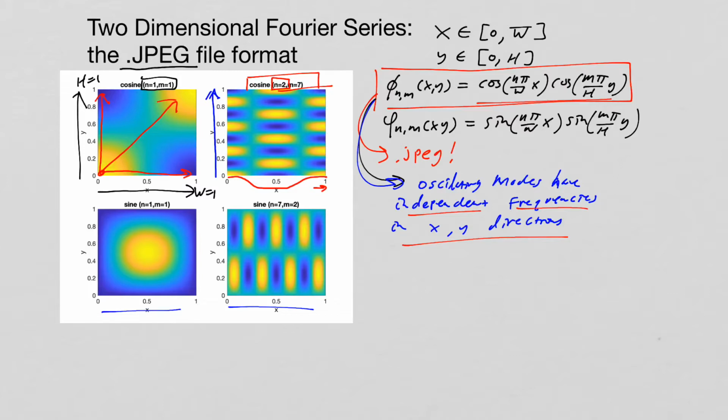Okay, so the question is, of course, we have to come up with a Fourier series. Well, to do that, of course, we need to define an inner product. So there is actually a 2D inner product.